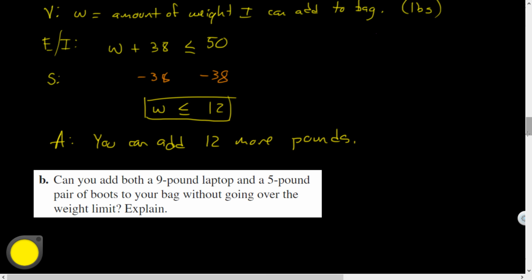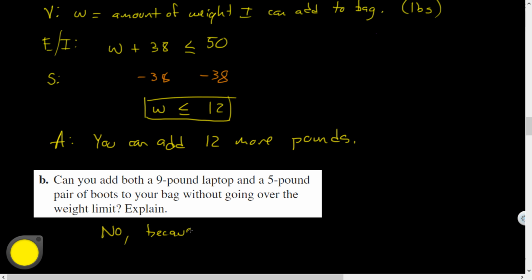It says you can add both a 9-pound laptop and a 5-pound pair of boots to your bag without going over the weight limit? Explain. What are your thoughts? I think no is the answer, right?